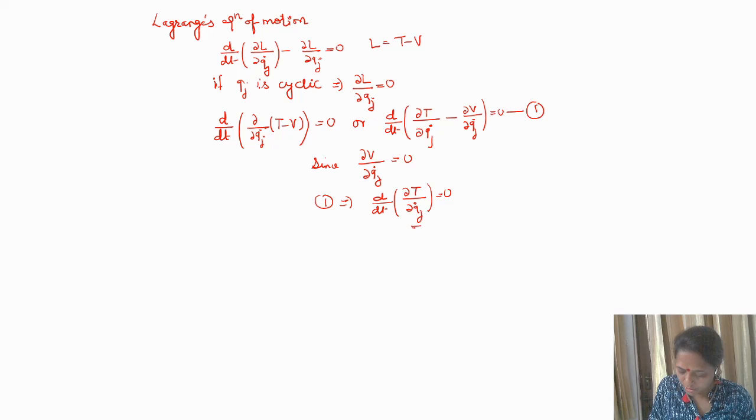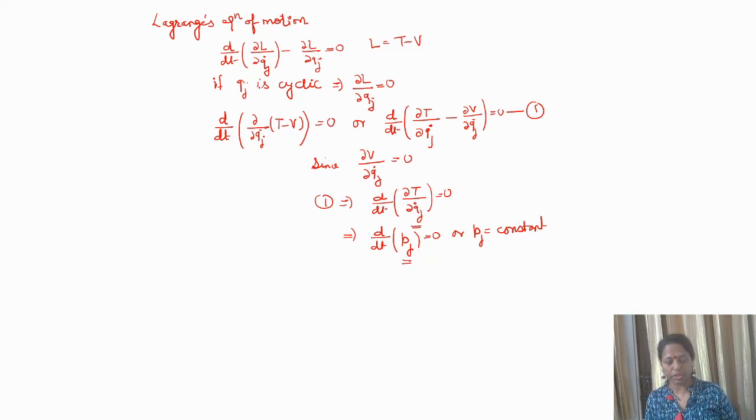And now what is delta T delta qj dot? It is pj. Delta T delta qj dot is pj, or pj is constant. So you see pj is the momentum corresponding to qj.